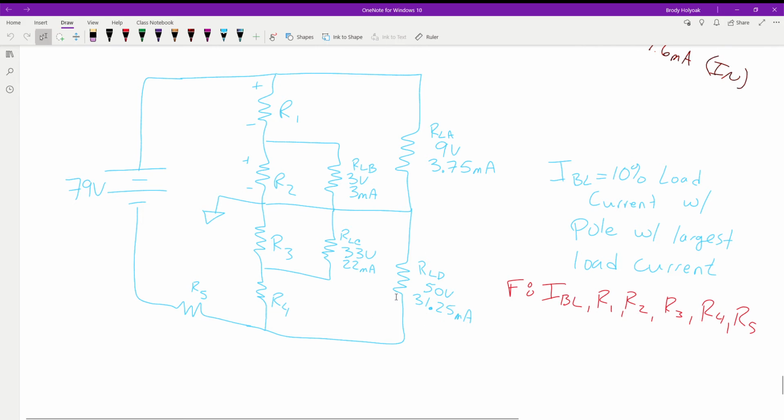And again, we want to find how much our bleeder current is and the values for R1, R2, R3, R4, and R5.